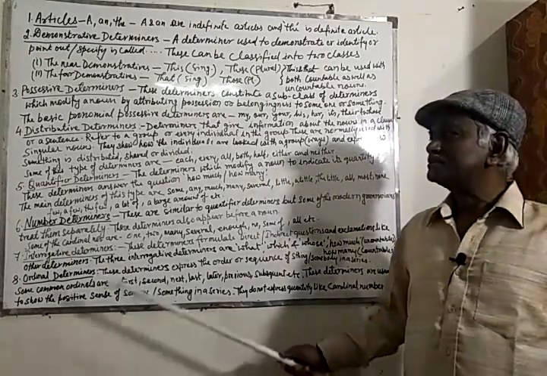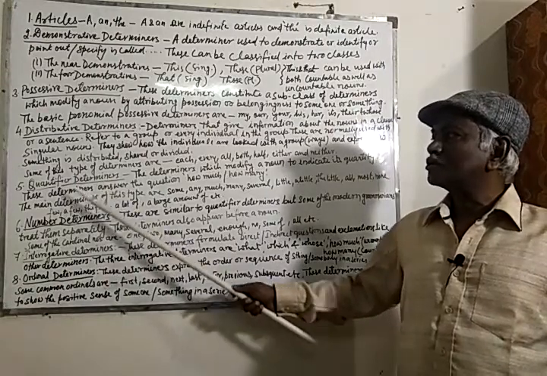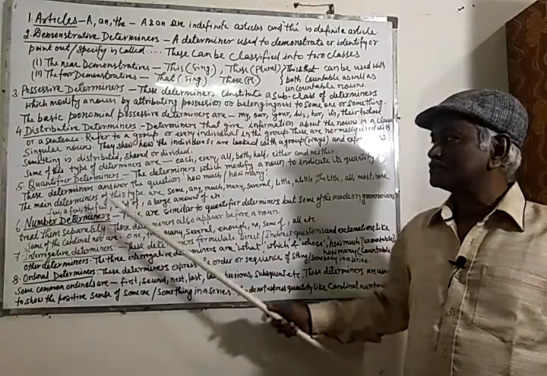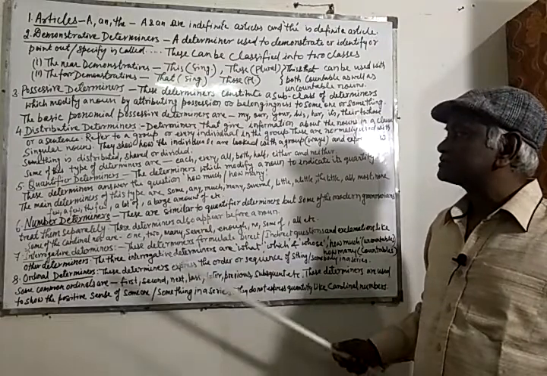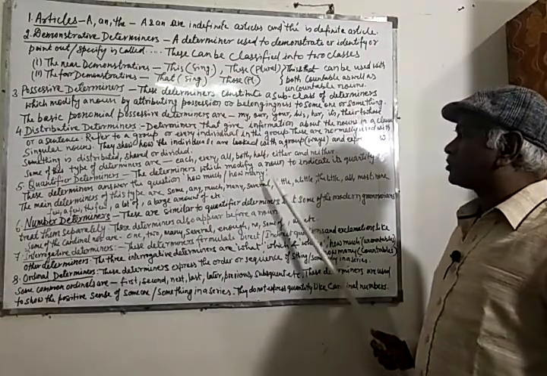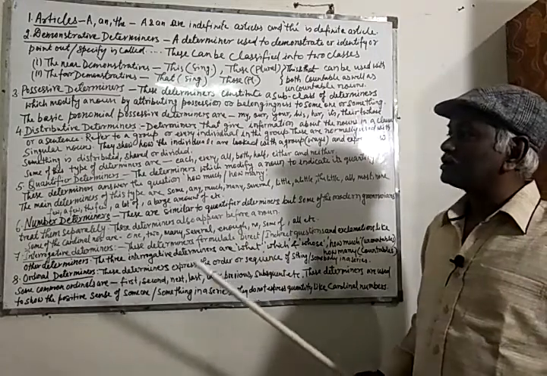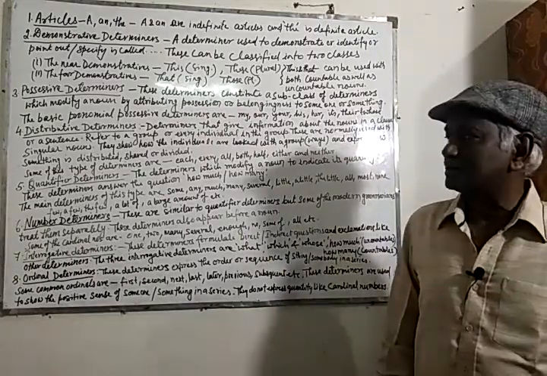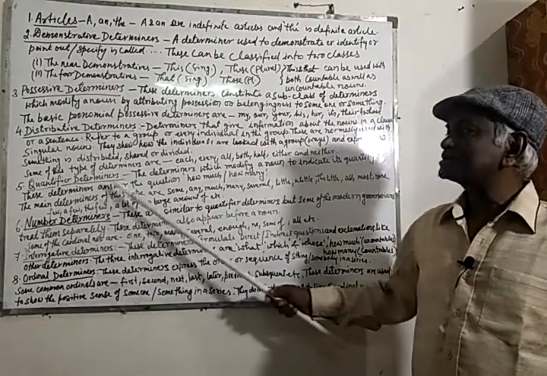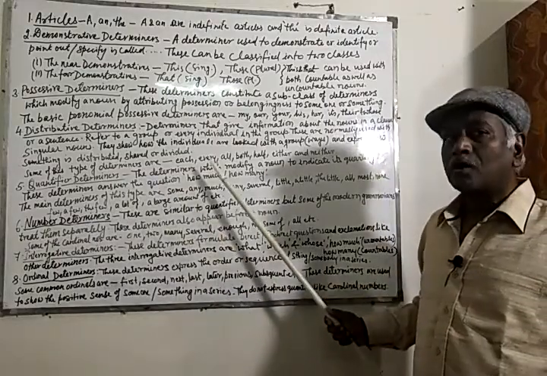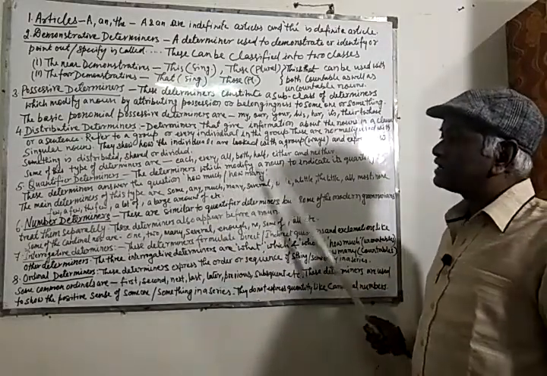The next determiner is quantifier determiners. The determiners which modify a noun to indicate its quantity are called quantifier determiners. These determiners answer the question how much or how many.